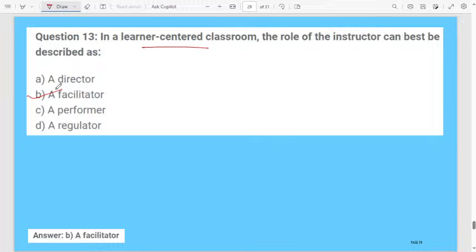For activities they need the material and the environment. For experiments they need material, everything. Here the teacher acts as a facilitator, because they have to provide the environment, give the things, then monitor and observe. Here the learners can learn on their own.